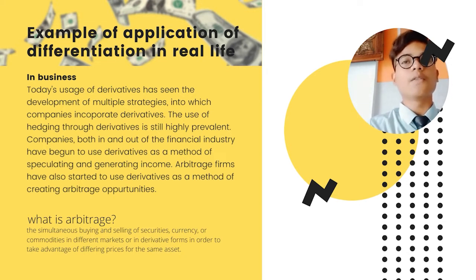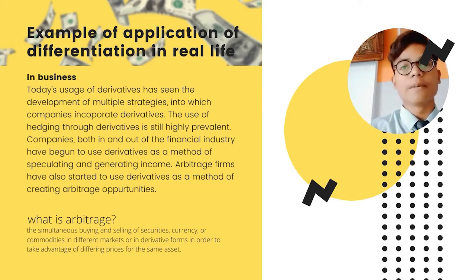Companies both in and out of the financial industry have begun to use derivatives as a method of speculating and generating income. Arbitrage firms have also started to use derivatives as a method of creating arbitrage opportunities.